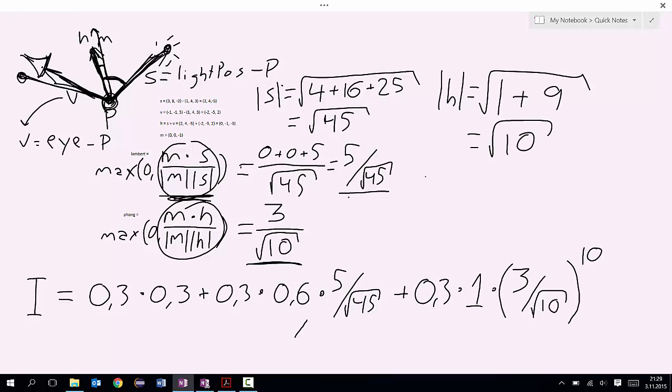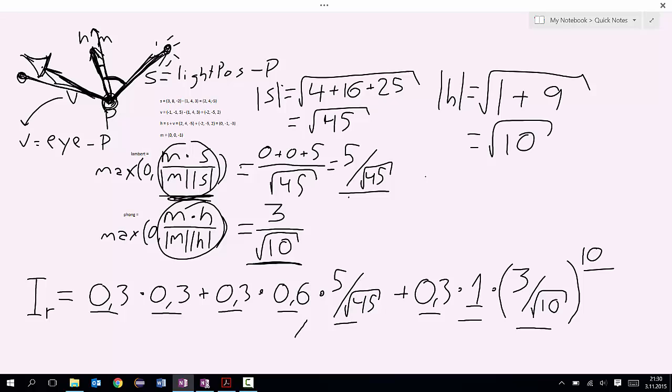So this is going to be the intensity of the red color. So we can also add that in here and say intensity for red. The intensity for red is just all these red parts. So we have red part of the light times the red ambience of the material, red part of the light times the red diffuse times Lambert, red part of the light times the red part of specularity times Phong to the power of shininess.